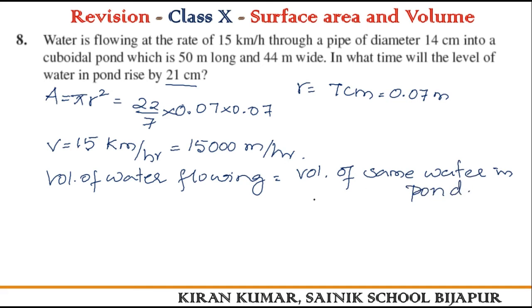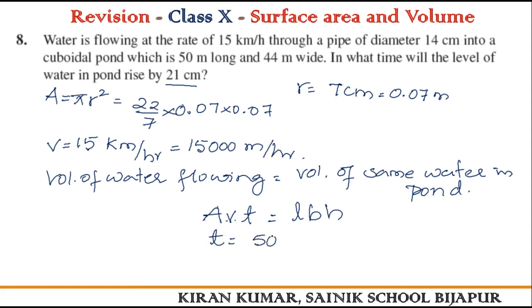It is a cuboidal pond, so LBH will be the volume. Area into velocity into time will give the water flowing, so time will be LBH divided by area into velocity.